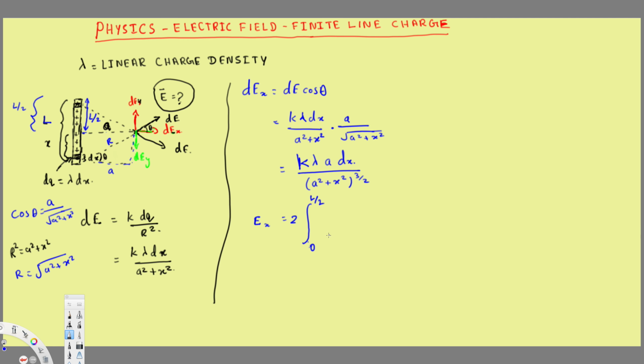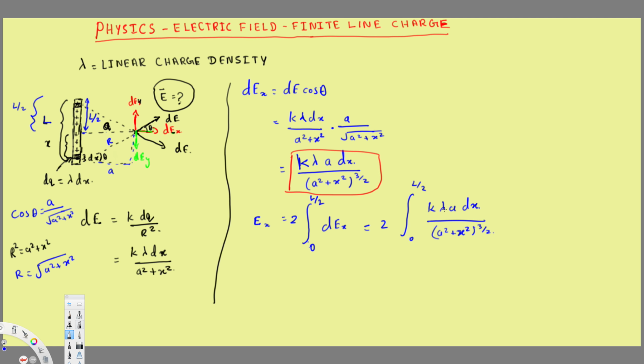So if I take this one and substitute dEx, we are trying to find Ex, integrating dEx, and that's going to be 2 times, I just replace all the values right here. We know this dEx is this whole thing, right? So I replace this one with that. So this is going to become 2 integral of 0 to L by 2 k lambda a dx divided by (a square plus x square) power 3 by 2.